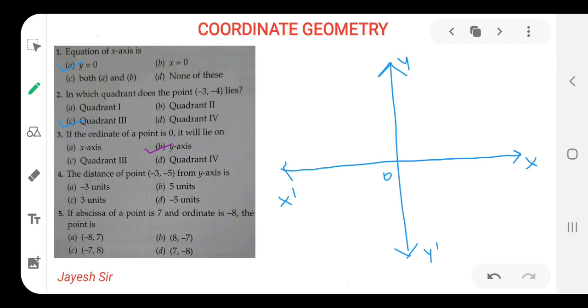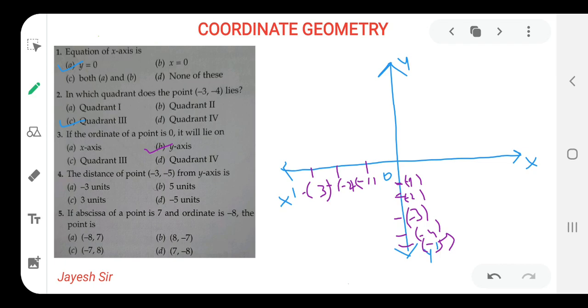That means -3 over here, -1, -2, -3, and here -4. Similarly here we also require -5. Similarly over here -1, -2, and here -3.